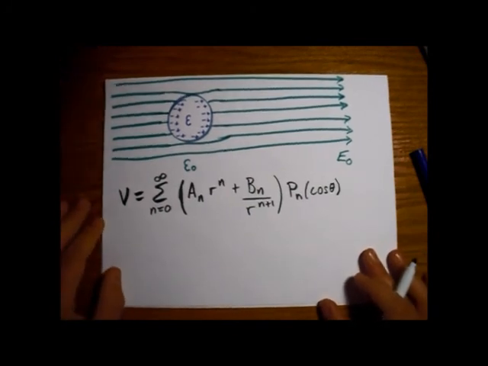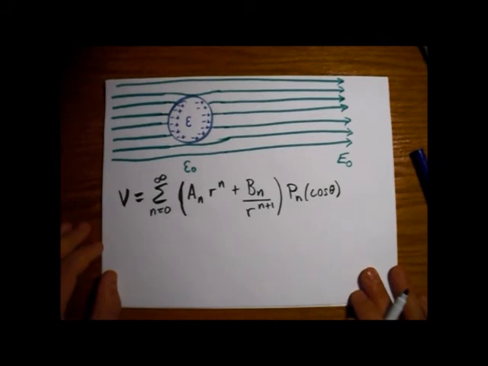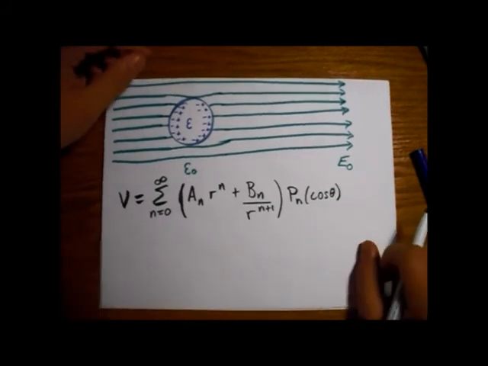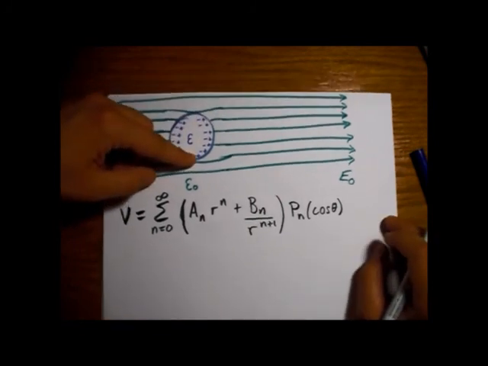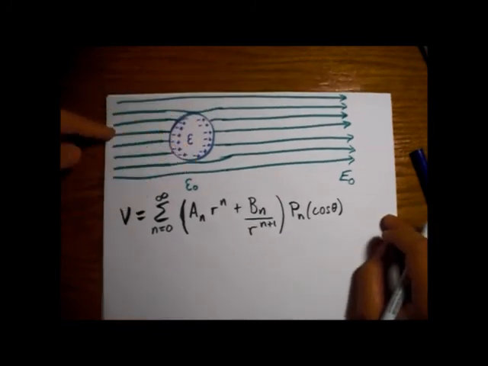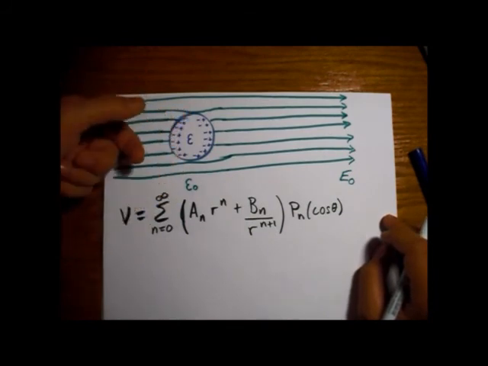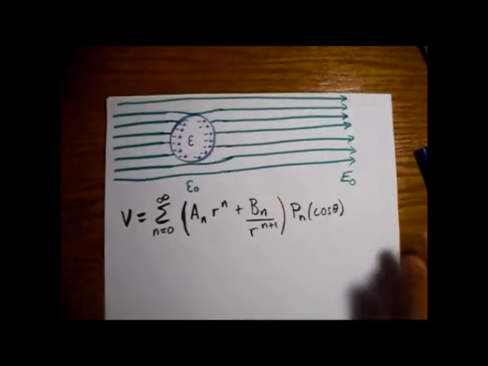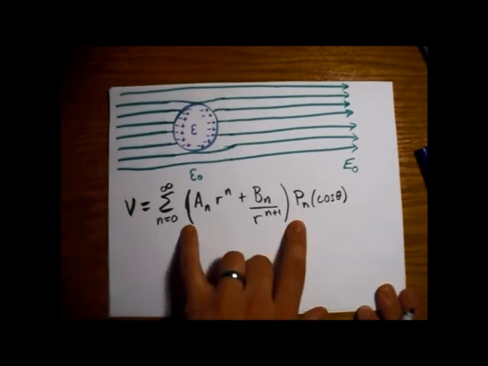Any azimuthally symmetric potential can be written like this, and we have azimuthal symmetry because if you were to rotate this around an axis through the sphere, we wouldn't see any difference at all. So we'll go ahead and look at this.